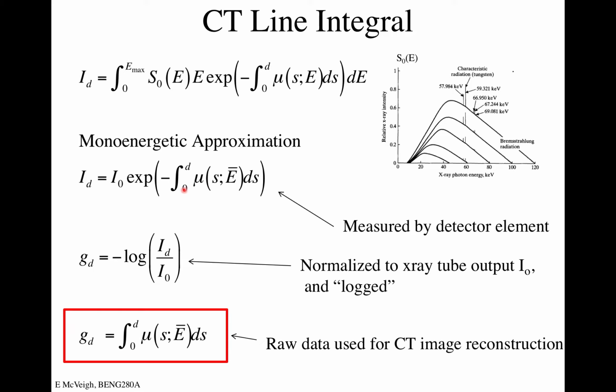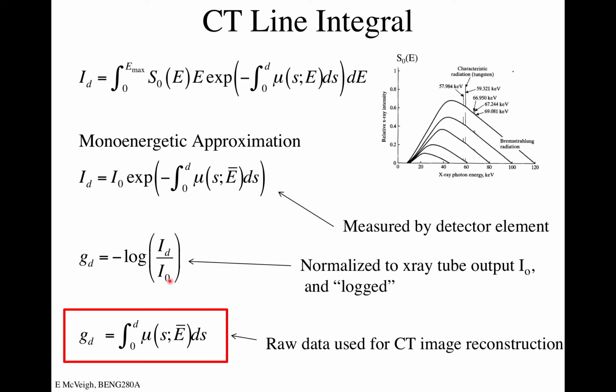So now, integrating along the line from the source to the detector of the linear attenuation coefficient gives me the intensity of my measurement at the detector, given that I start out with I0. What we plot as our raw data is in fact the logarithm of the image intensity divided by what we started with.